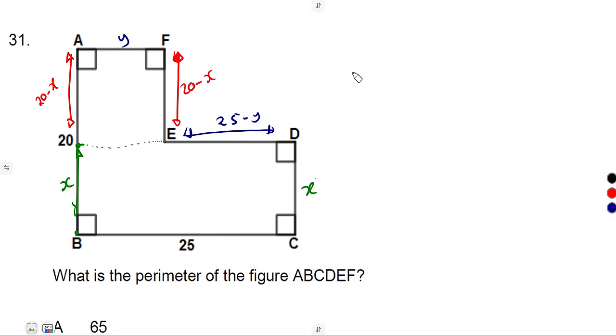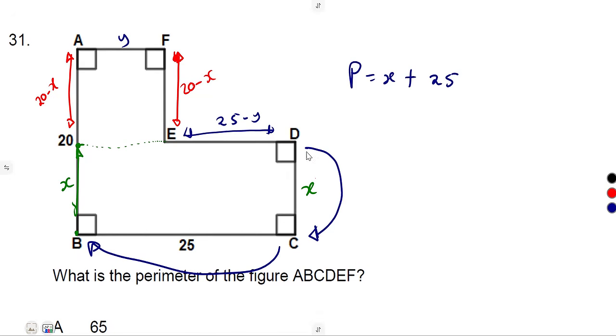So if you are going to calculate the perimeter, guys, you're going to see that the X and the Y that you inserted are going to cancel out. All right, let's see. D to C is X, plus from C to B, which is 25.